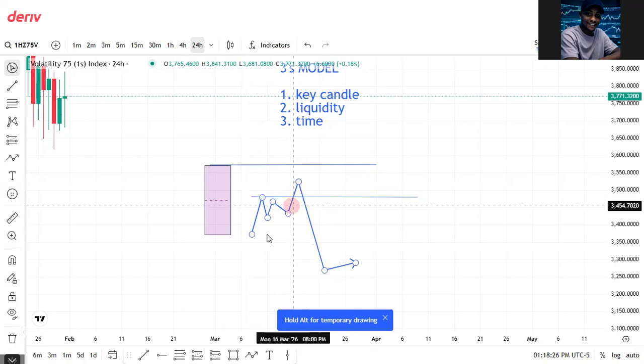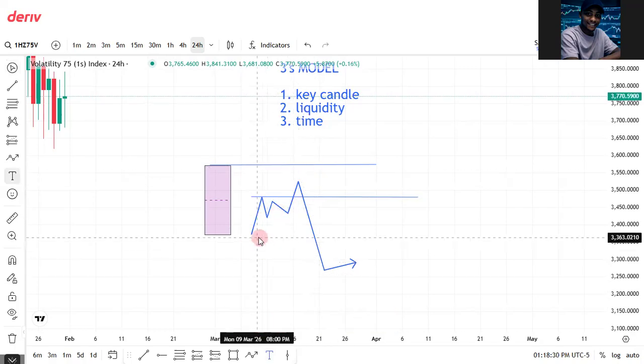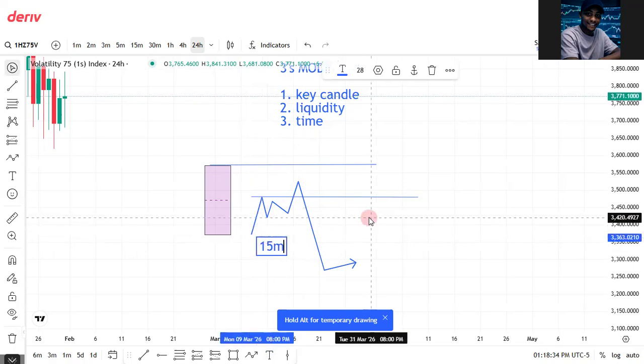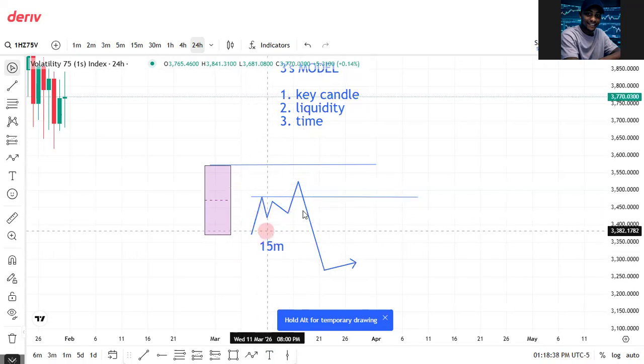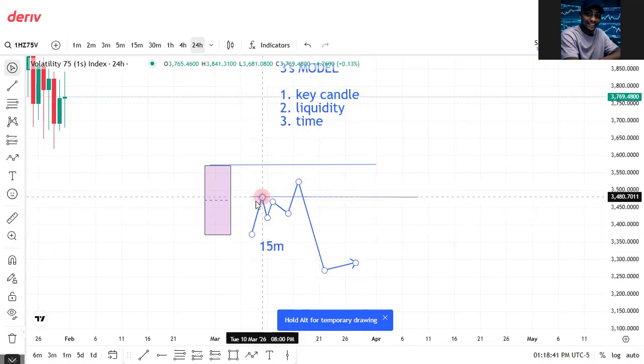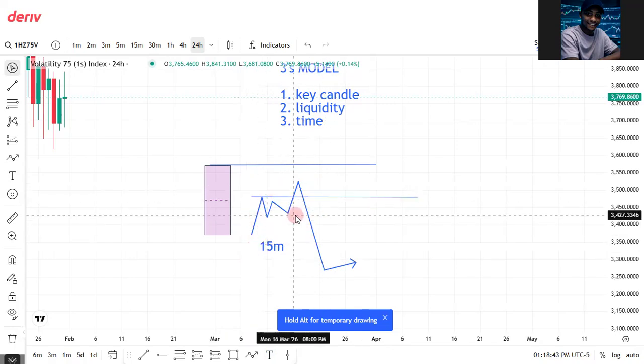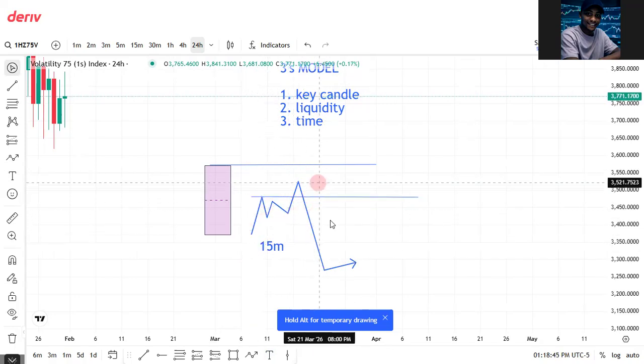Remember, this is the 15-minute time frame, so we want to see this on the 15-minute time frame. Then on the 1-minute time frame, you want to see similar things happen for us to short.